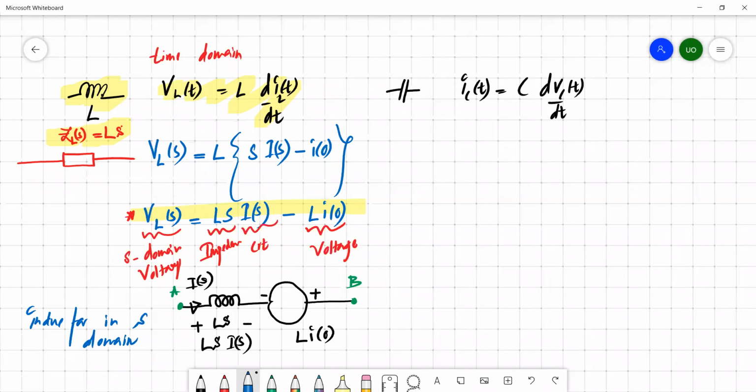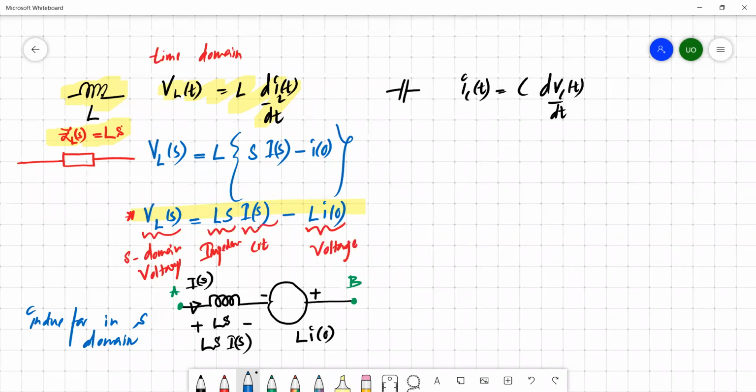So I think it's clear. We take the time domain fundamental equation and apply the Laplace transform to both sides of the equation. Then we found that the Laplace transform of this voltage becomes VLS and it equals L times S times Is minus L I0. So then we model it in S domain. We found that the impedance induced by an L Henry inductor in S domain, or Laplace domain, would be L times S, and the current would be Is.